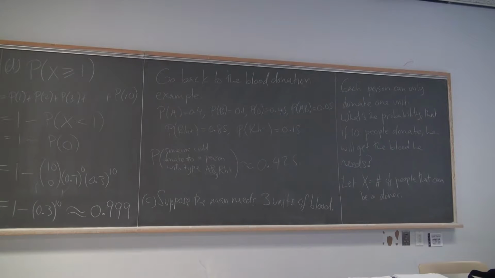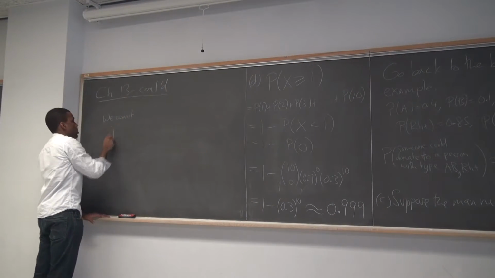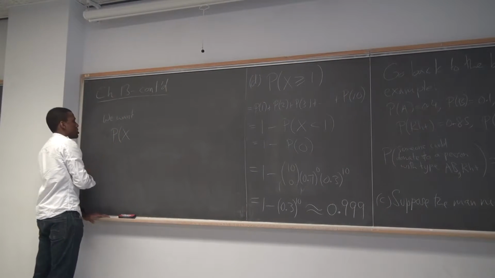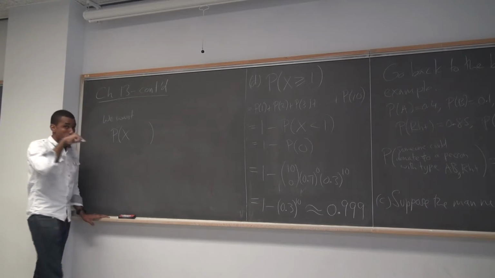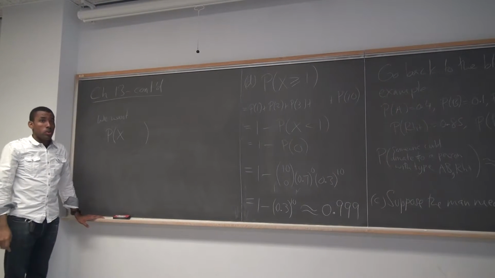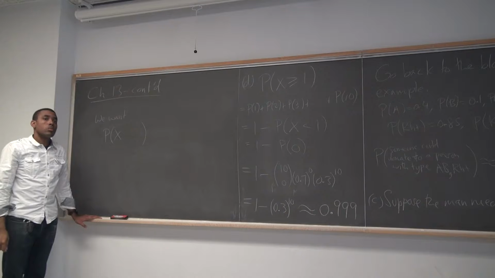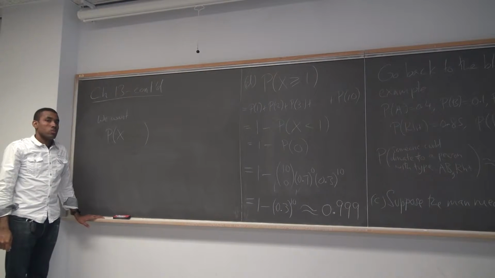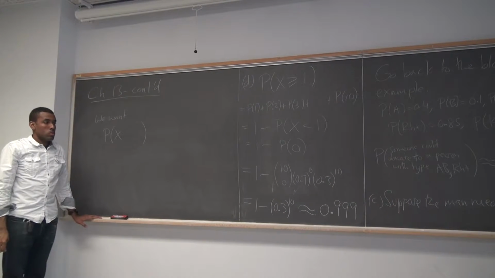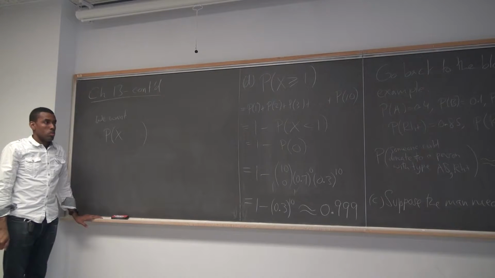You get 3 pints of blood out of 10. So if we want the probability of X, what? Describe it to me. X = 3. Don't you want the probability that 3 out of the 10 people can donate 1 unit, that each person can donate 1 unit? So you would need 3 for him to be able to get this.